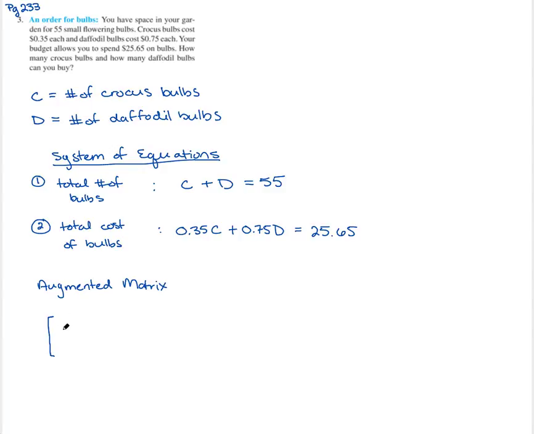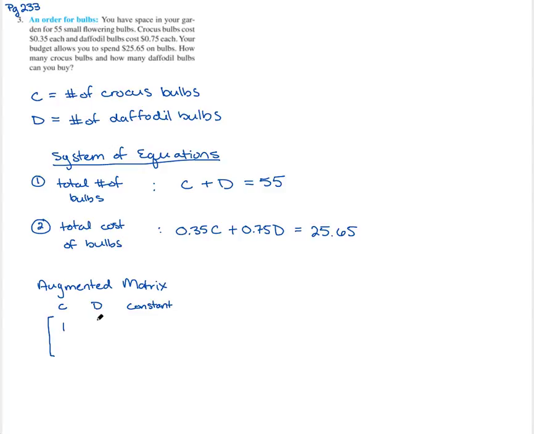My first column in my matrix, I'm going to call that first column C. My second column is going to represent D. And then my third column is going to represent the constants. When you're writing an augmented matrix, all you're doing is writing down the coefficients in front of the variables in your equation. The first row will be my first equation. The coefficient in front of C is 1.